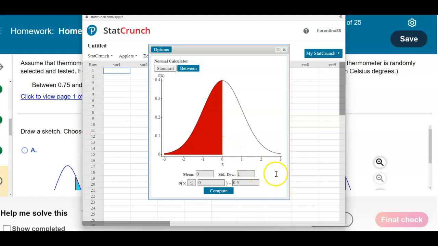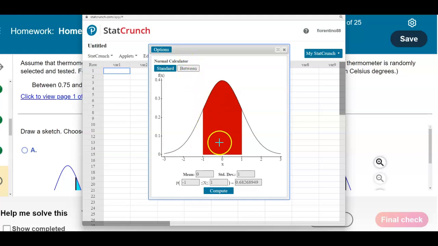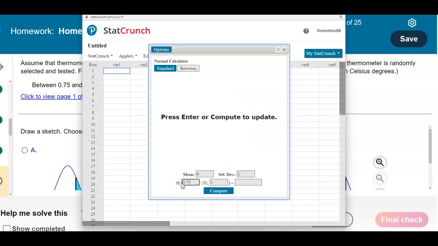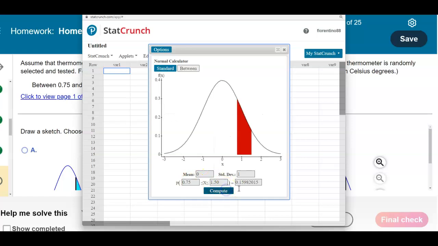Now we want to find the probability that's in between, so we select between. The first value is 0.75, and then over here is 1.50. Now let's select compute.